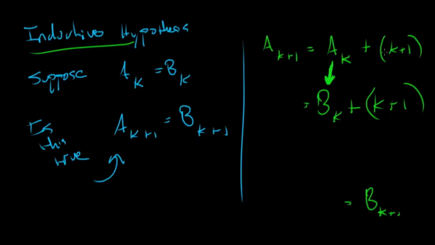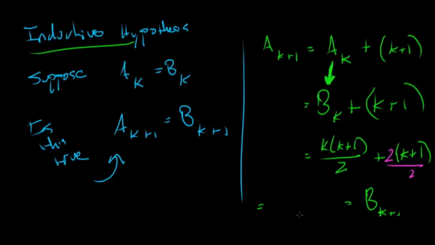All right, so we have A sub k, we have B sub k plus 1. What is B sub k? Well, B sub k is k times k plus 1 all over 2, plus k plus 1. And then what's this thing equal to? Let's do a little bit of algebra. I'm going to multiply this by 2 over 2.